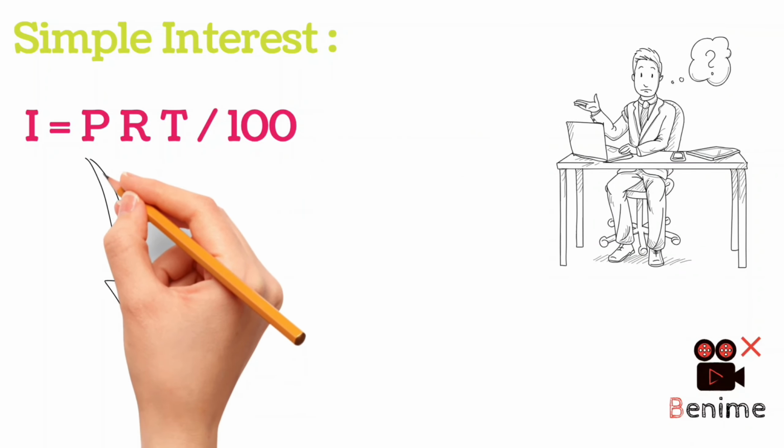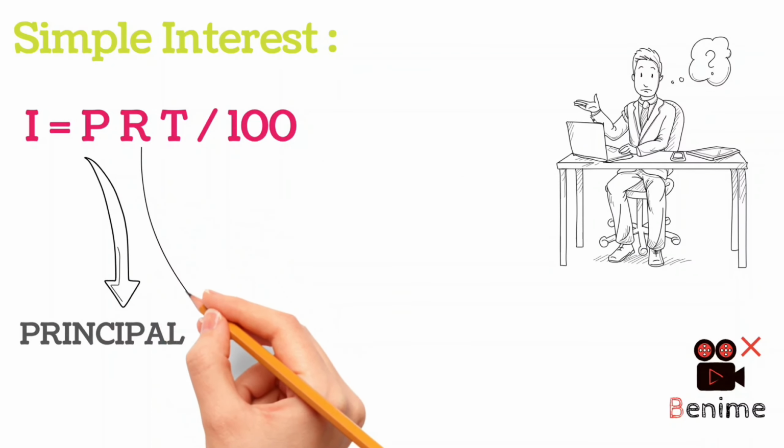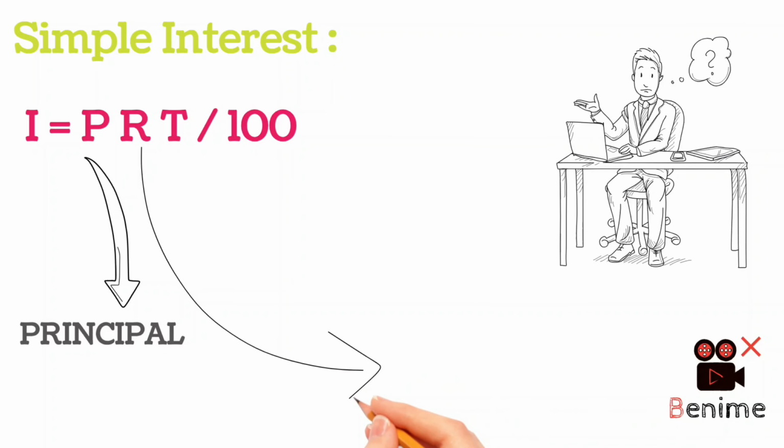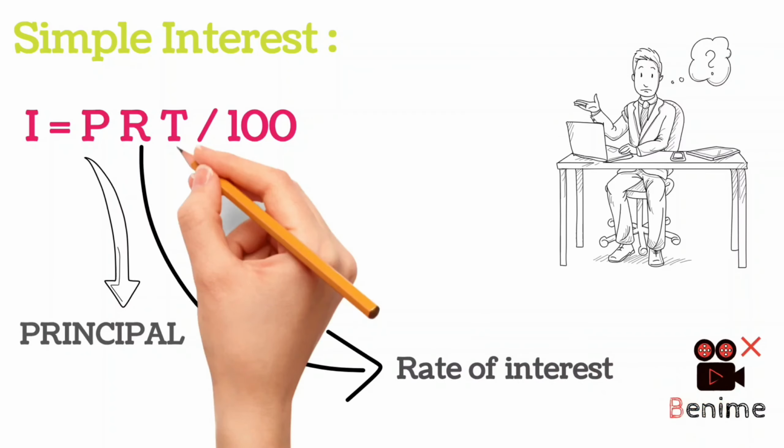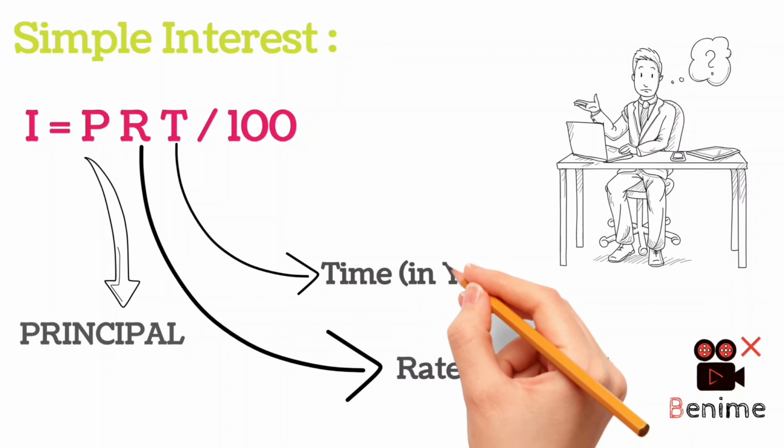P is the principal, R is the rate of interest, T is the time in years, and I is the interest.